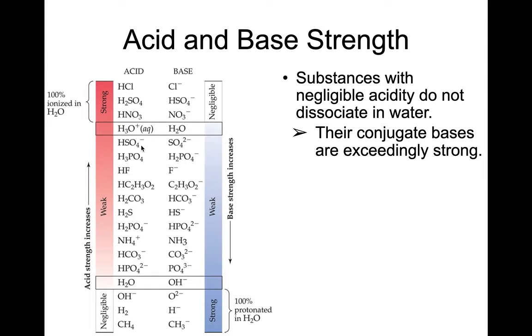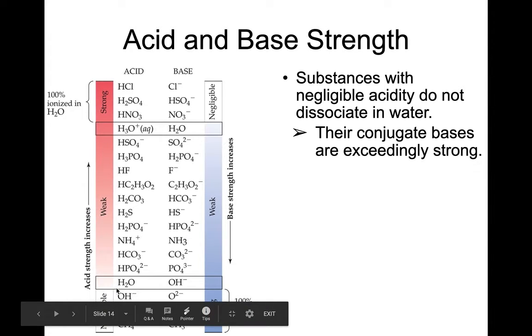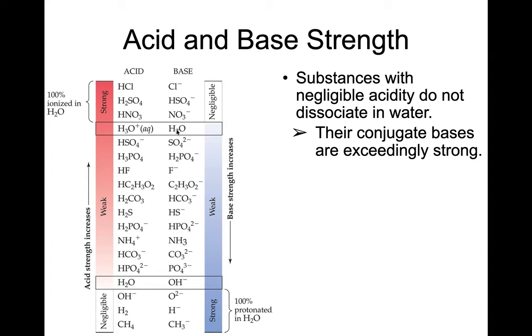So here we've got water is a weak acid, and the chlorine ion is the weakest base listed. So as far as these two are concerned, oh, here's water on the base scale.